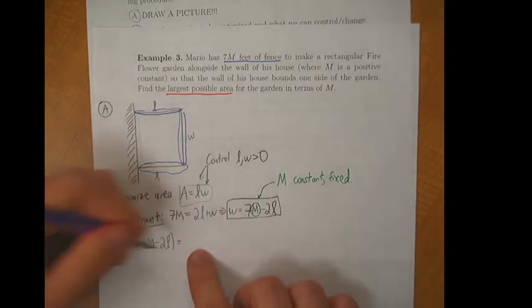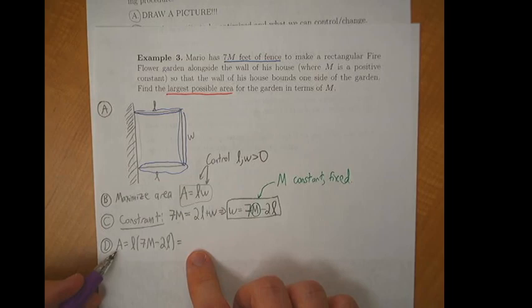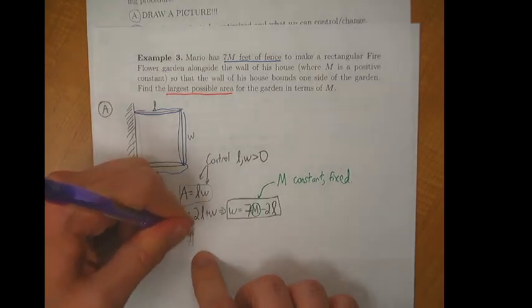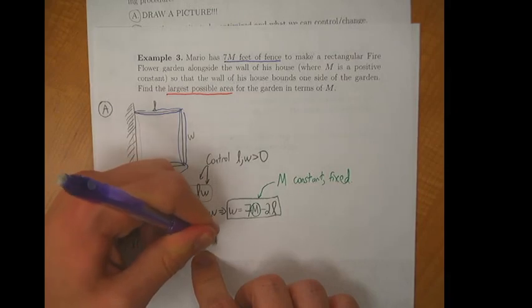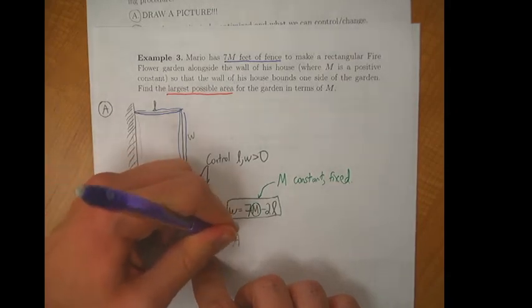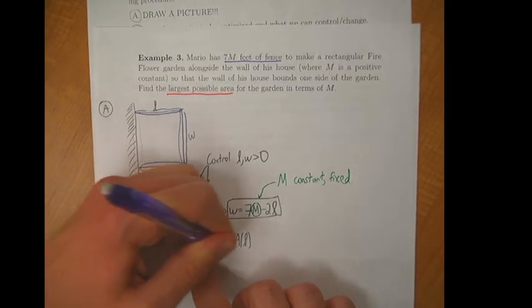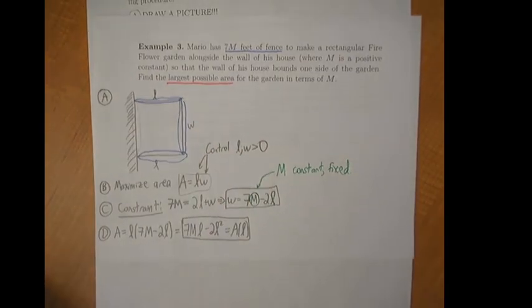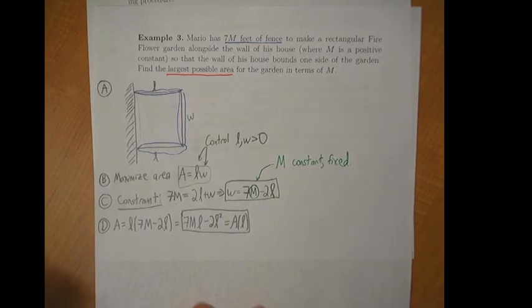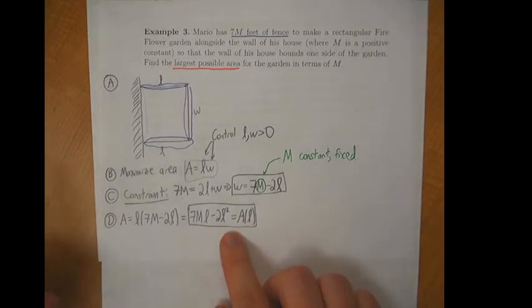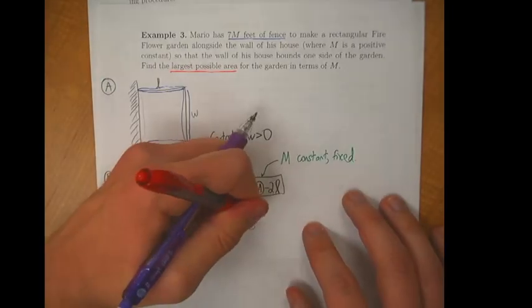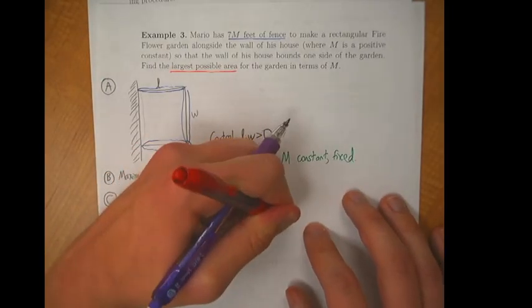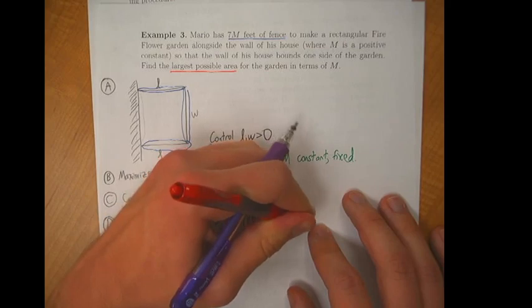So that should pretty quickly tell you that you can express the area in terms of length L as 7mL minus 2L squared. So A of L goes here. Okay. So that'll give you your objective function here. Objective function. Okay.